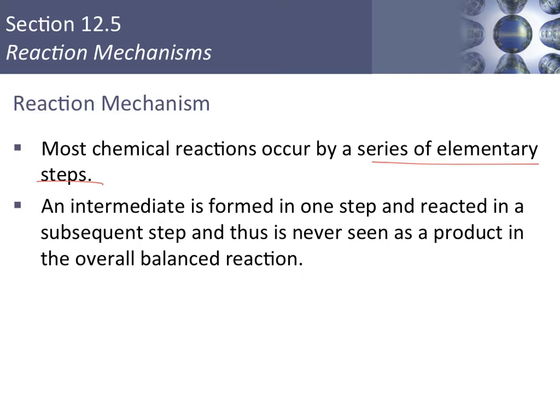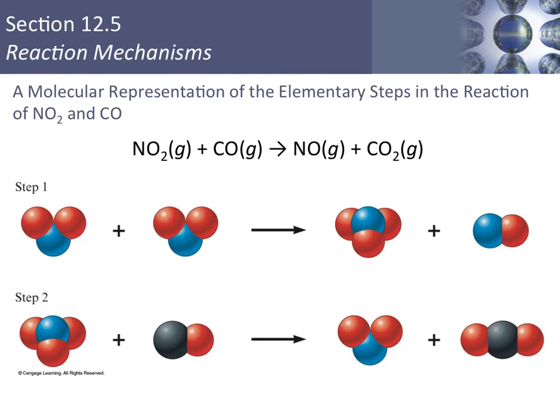In this series of elementary steps, intermediates are formed, and they are reacted in a subsequent step and do not appear in the overall chemical reaction. So if we look at this reaction right here, we can see that a mechanism that is composed of two steps has been proposed.